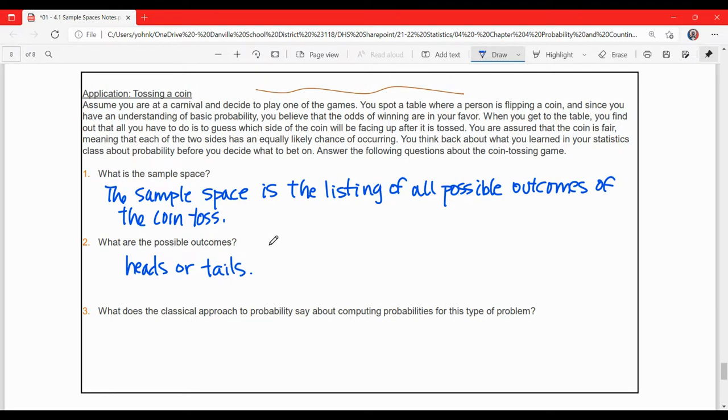What does the classical approach to probability say about computing probabilities for this type of problem?